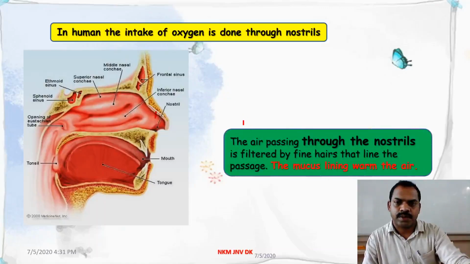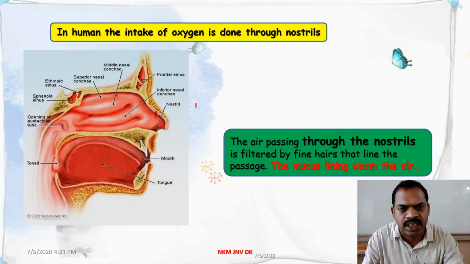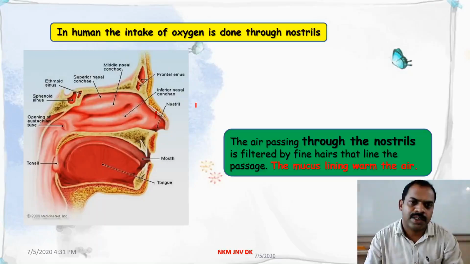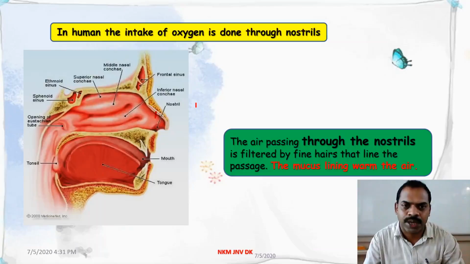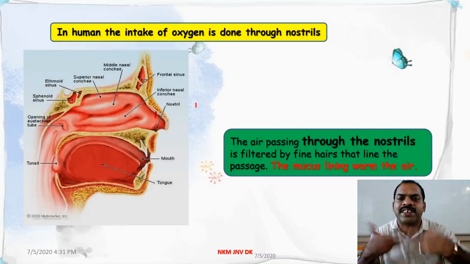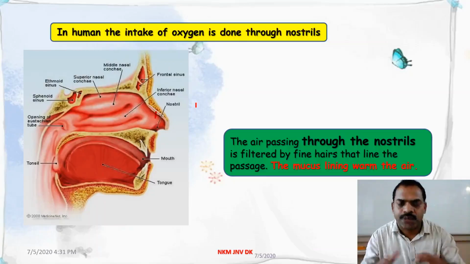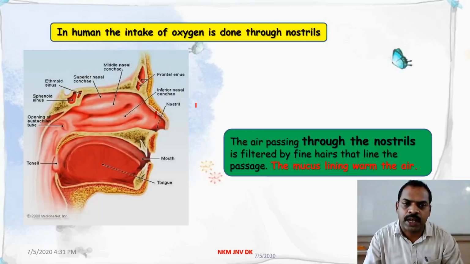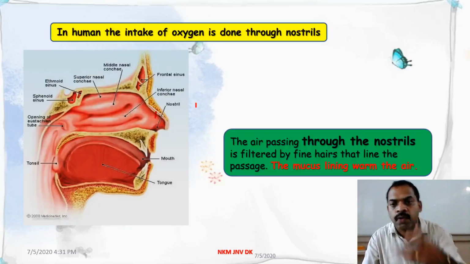And there is a mucus lining inside. How do we know there is a mucus lining? Evidence is there. When you have a common cold and your nose is running, what is happening? The mucus lining is producing excess mucus to wash away the dust trapped there, or to remove the microbes that have infected it. The mucus lining will also warm the air.